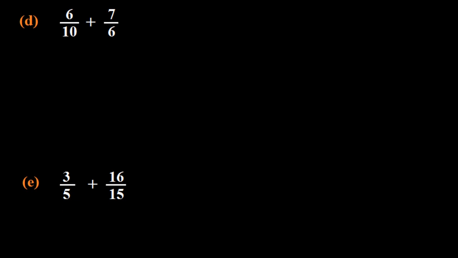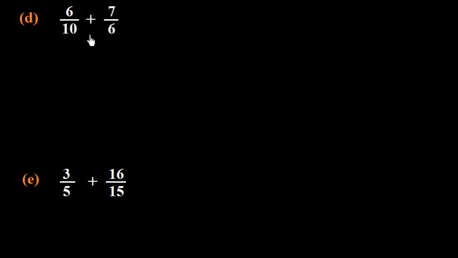Now we see one more example. In this question there are two fractions, one is 6 over 10, the other one is 7 over 6. Here you see in the denominators 10 and 6 there is a common factor, the highest common factor, which is 2.